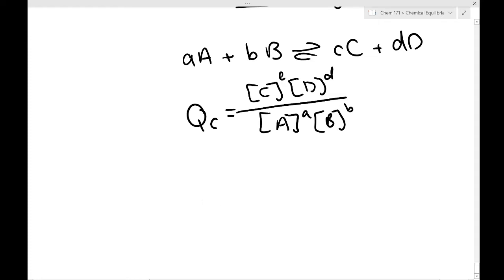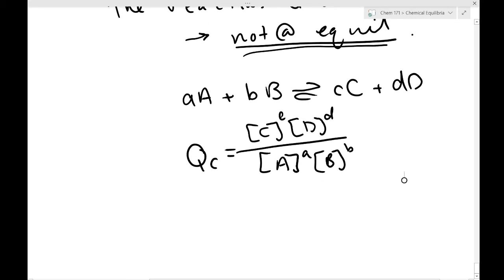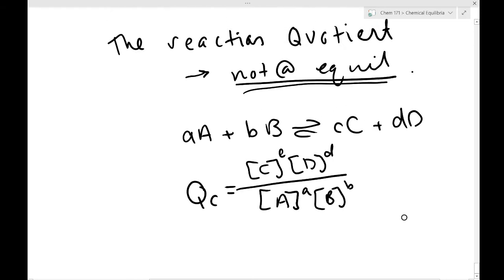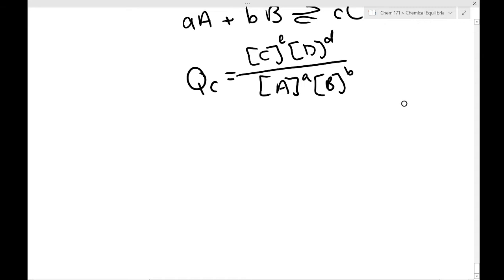However, we must remember that this is defined as not at equilibrium. So you can compute the same reaction quotient throughout the entire reaction process, even if it's not at equilibrium. And when it's not at equilibrium, you call this quotient the reaction quotient. At equilibrium, it's called the equilibrium constant.